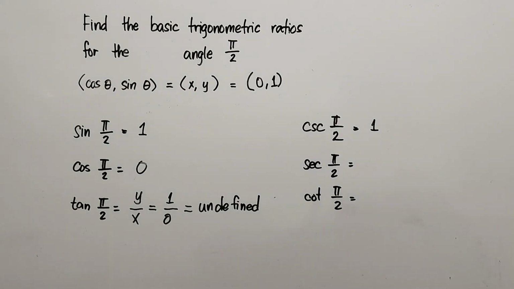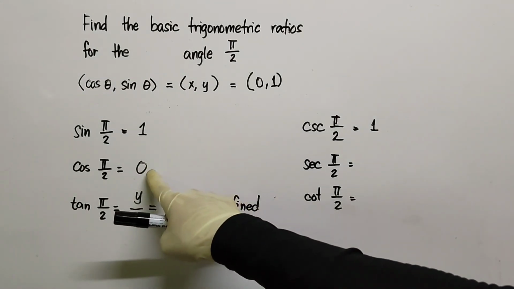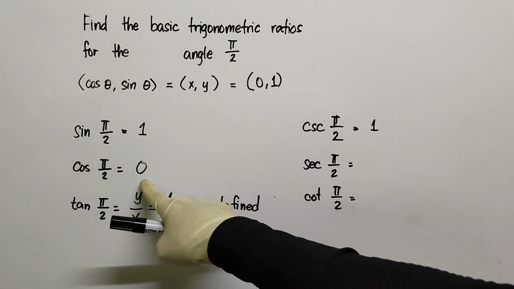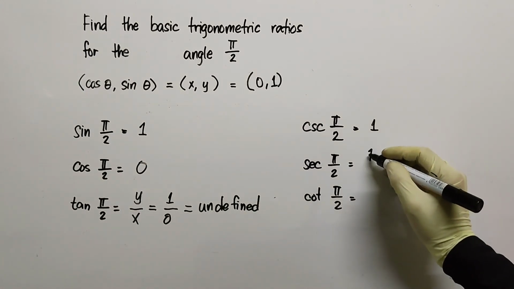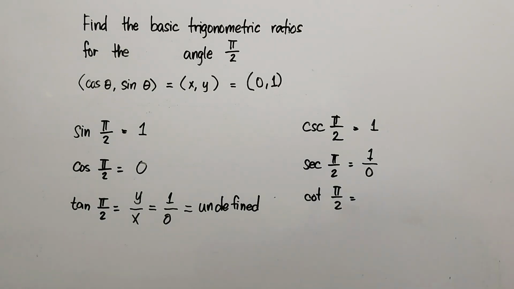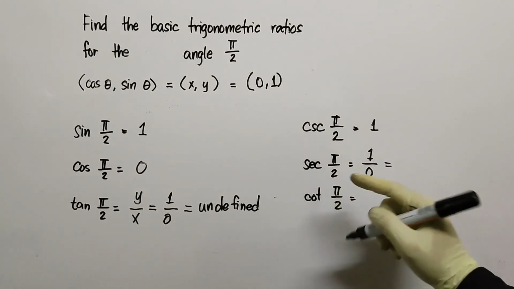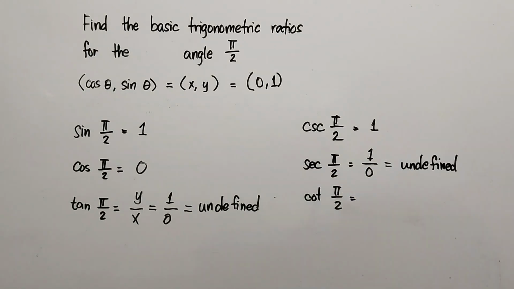For the secant pi over 2, remember that 0 here has the denominator of 1. So, if you will get the reciprocal of 0 over 1, that becomes 1 over 0. And since the denominator is 0, therefore the secant of this angle is undefined.